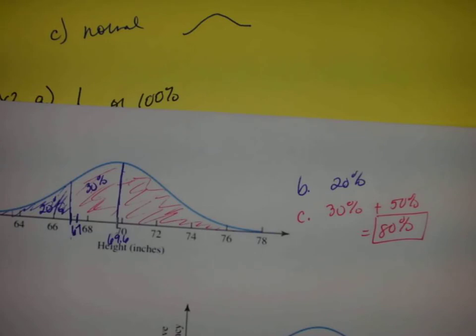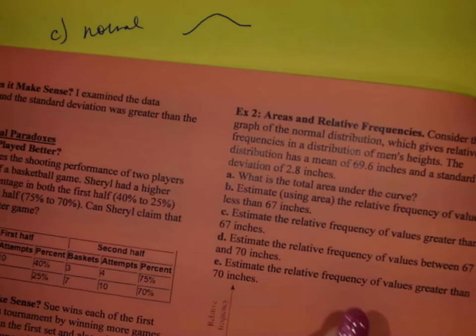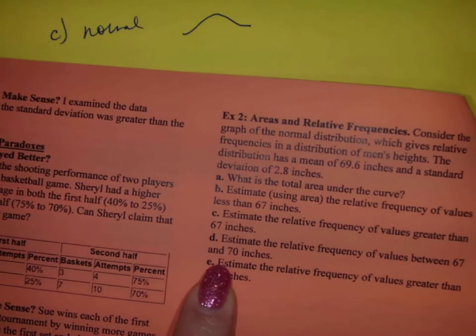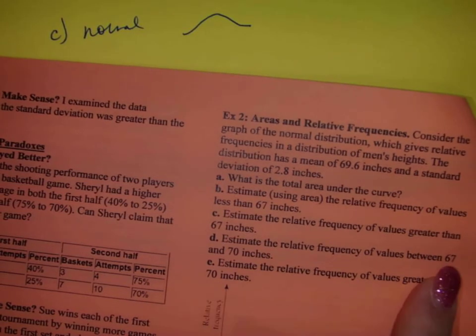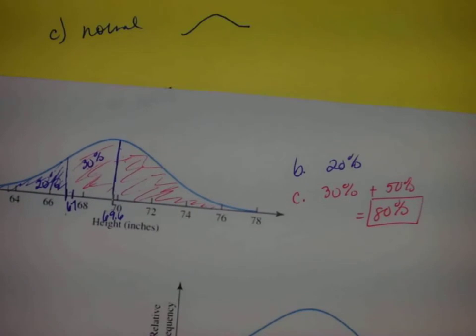All right. Our next part is part D. And on part D, it says estimate the relative frequency of the values between 67 and 70 inches. So it's between 67 and 70. All right, I'm going to go down here to, let's pull out green.